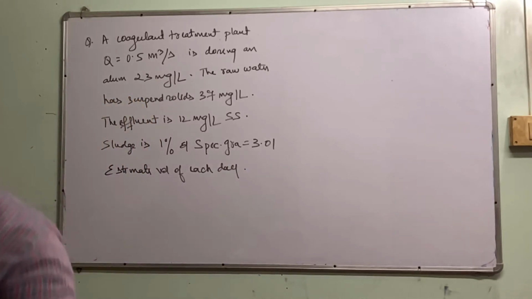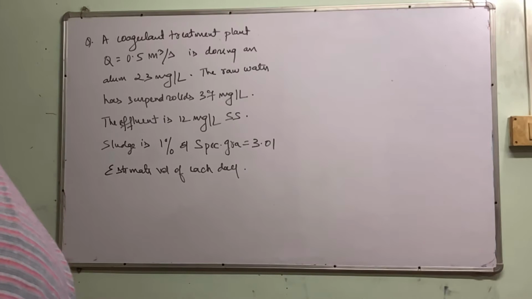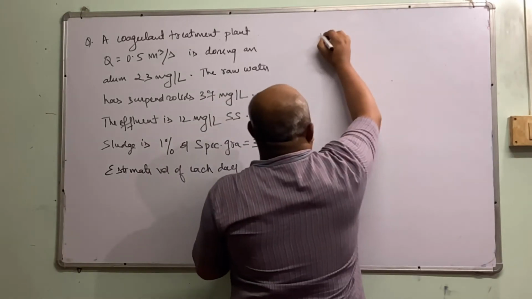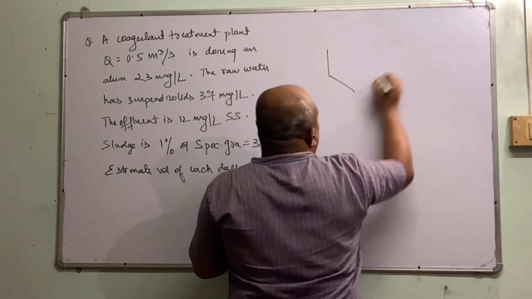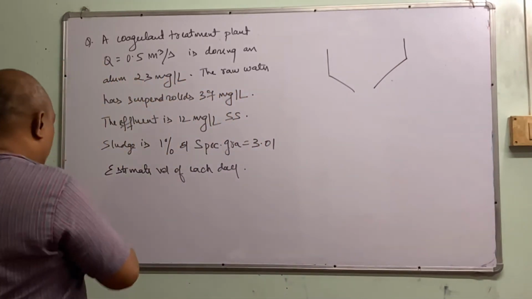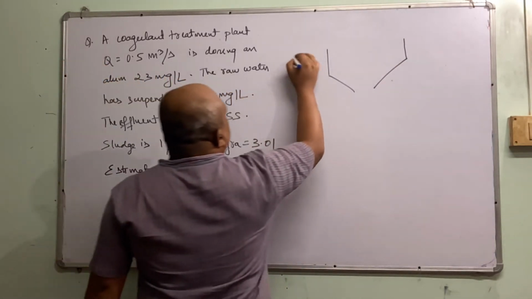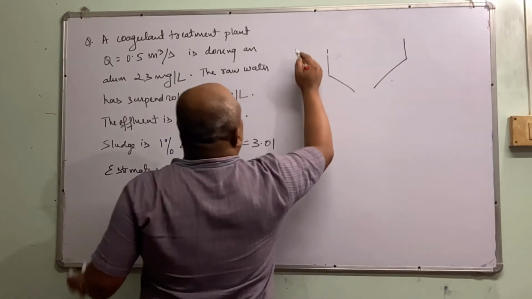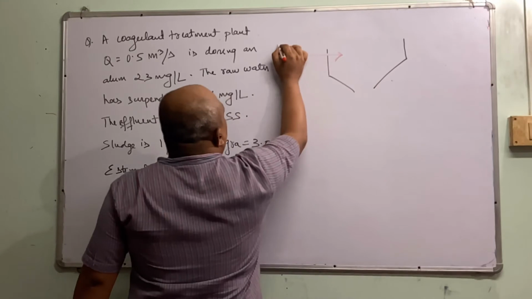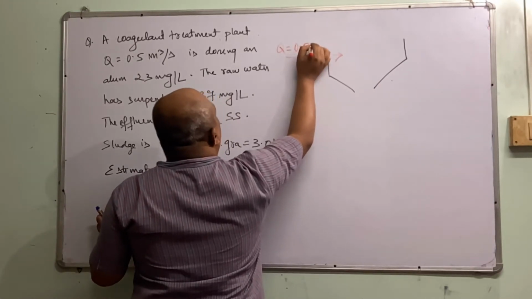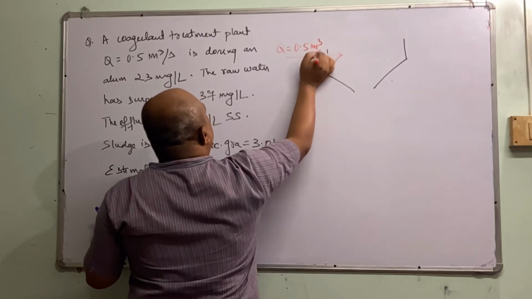Okay, this is one of the very combined questions. Fine. Now, let me explain the question. See, this is very important. Say, for example, this is a water treatment plant. What I mean to say is, this discharge is coming with Q equal to 0.5 meter cube per second.